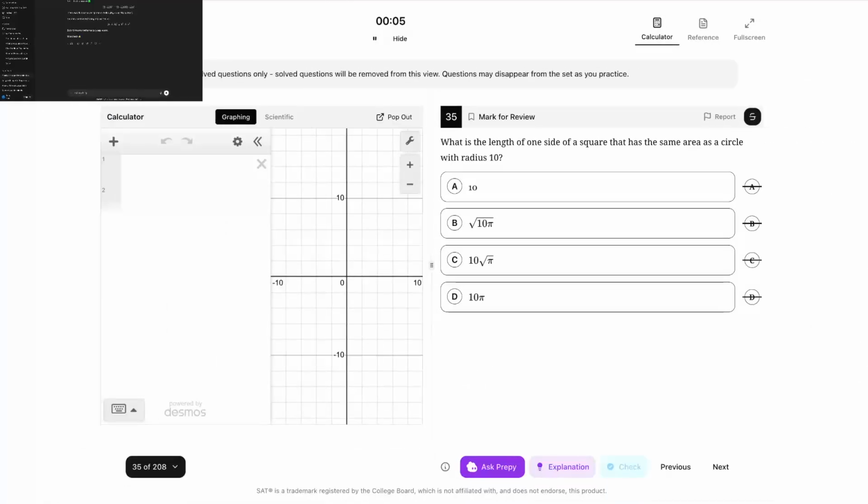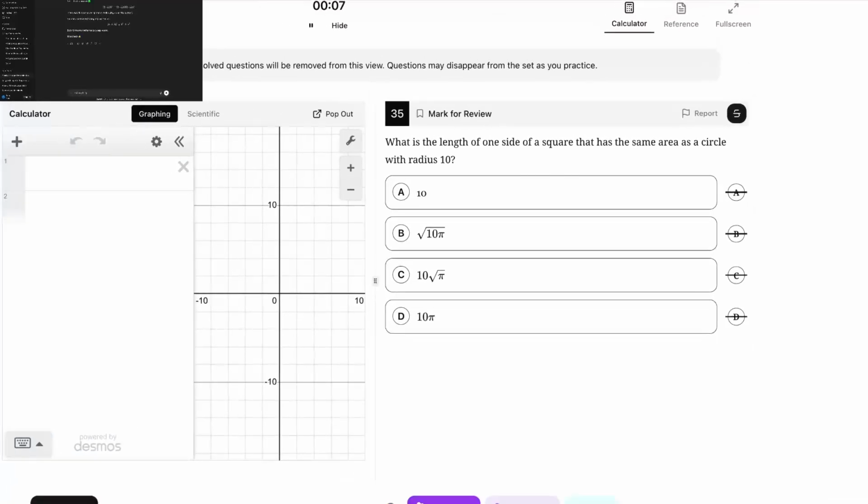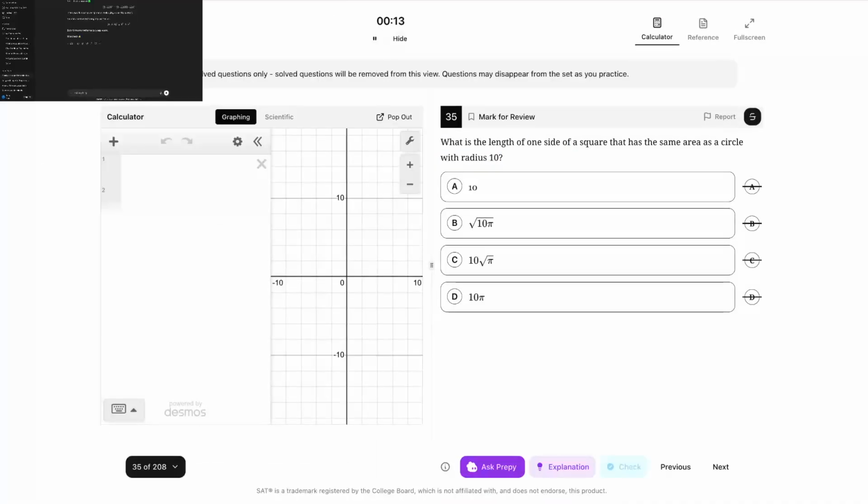What is the length of one side of the square that has the same area as a circle with a radius of 10? Basically, you just need the area.